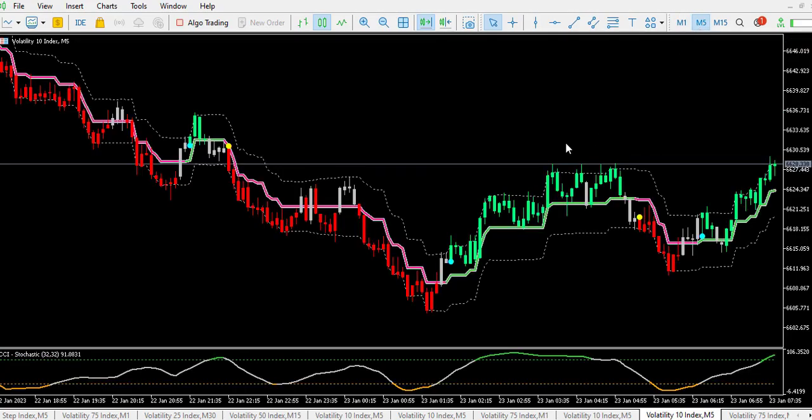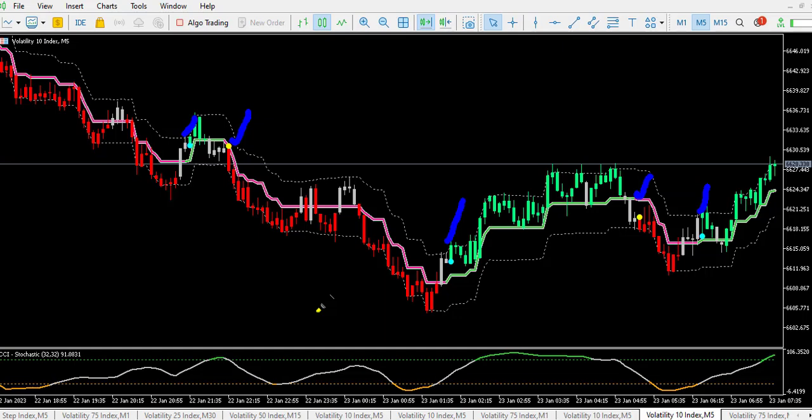And let's check 5 minutes, and yes, on 5 minutes also we have a buy here, sell at this particular point, another buy here at the close of this candle, another sell here, another buy here. And you can see on the chart right now, most of the trades taken ended up in profit. So this is how to use this particular strategy.